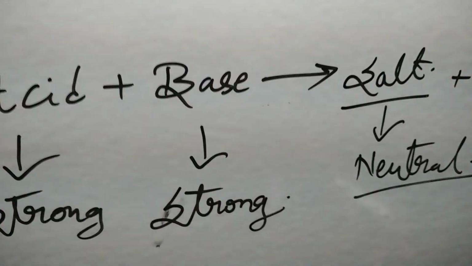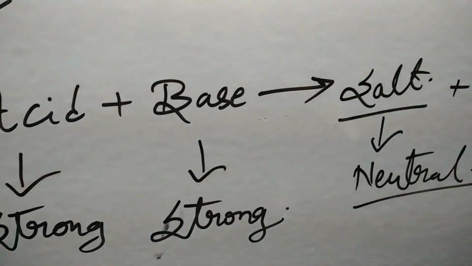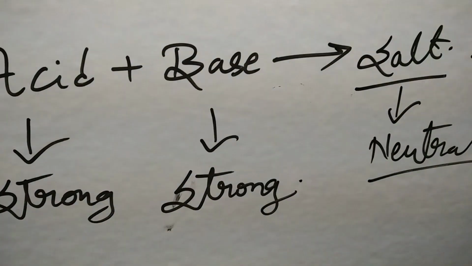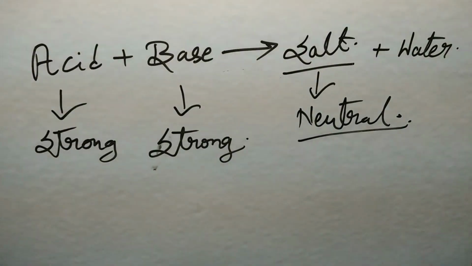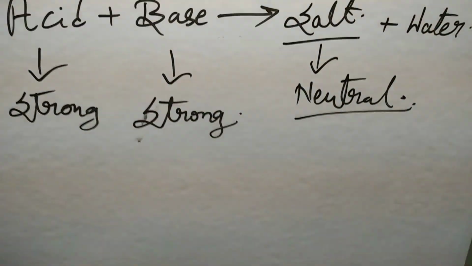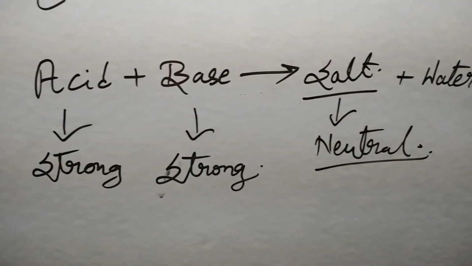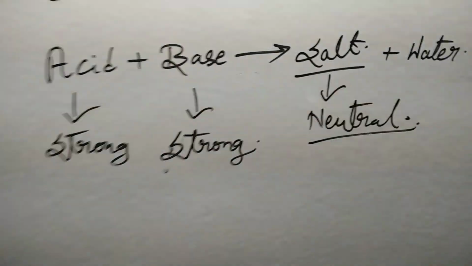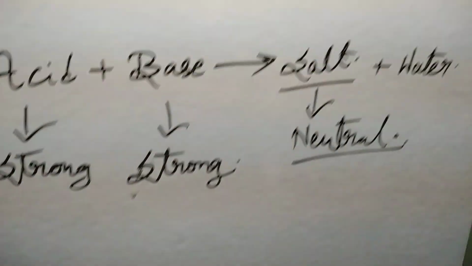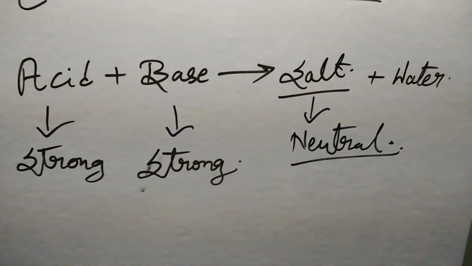But you may ask me that in a short video I mentioned that no reaction is complete. Yes, that is a different theory and this is a different theory. First understand, since this is a complete reaction, a neutral salt is forming.